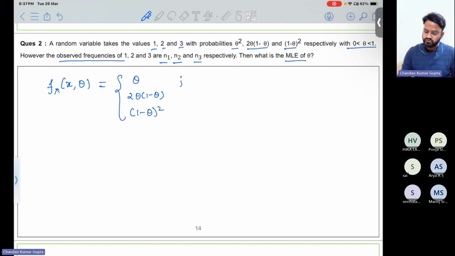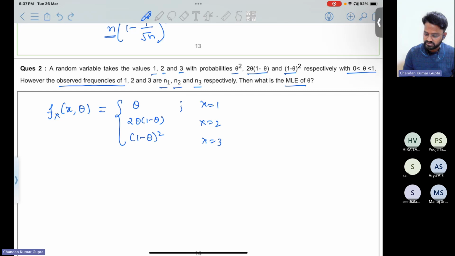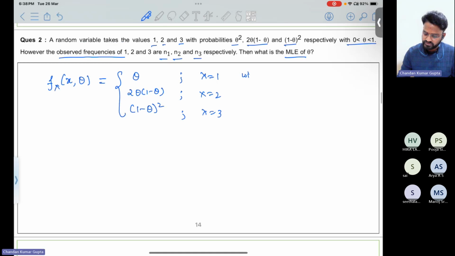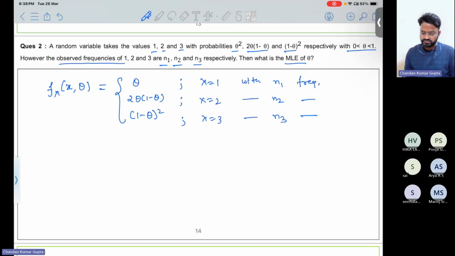These three are given for x equal to 1, x equal to 2, x equal to 3. Okay, these are given. Okay, so our likelihood equation will be with the frequencies which are also given actually. N1 frequency, N2 frequency, N3 frequency. These are in the question.